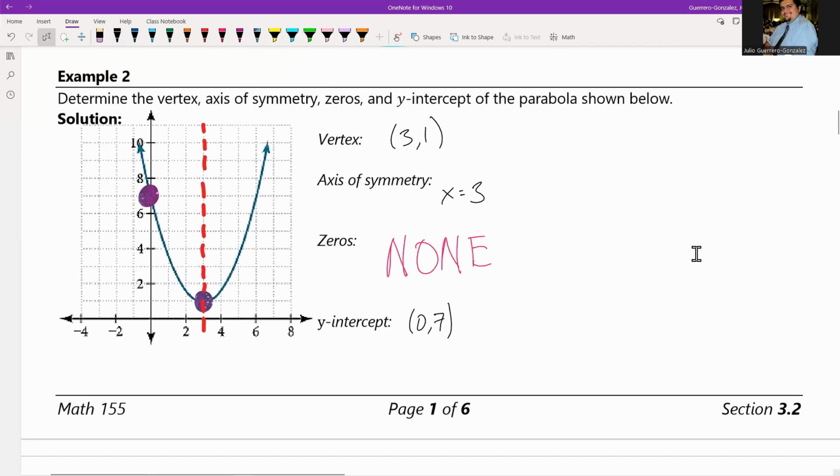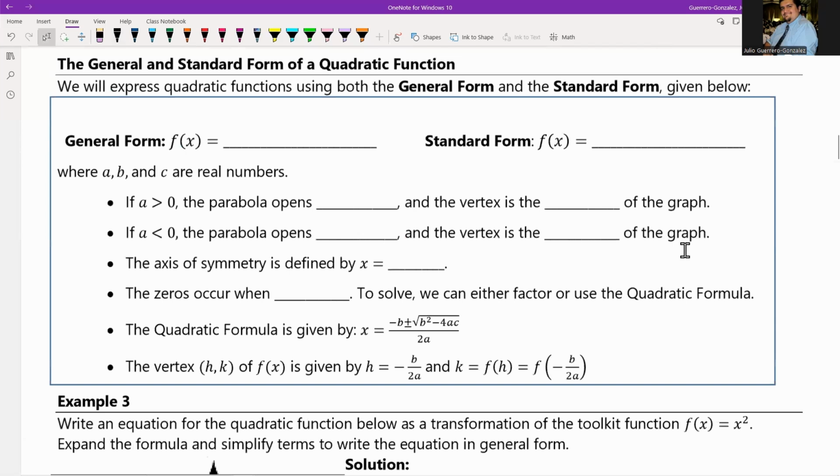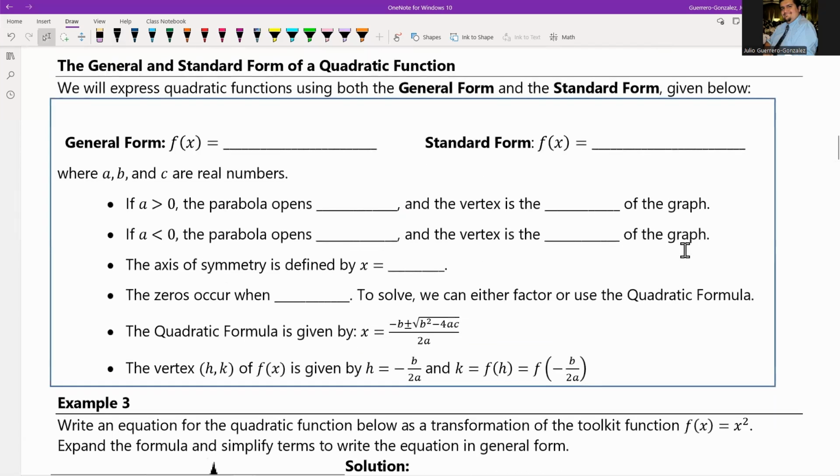I want to put up a little bit more information about the quadratic function in particular. In general, there are going to be two forms that you're going to see. ax squared plus bx plus c is going to be your general form, and the standard form is going to be something that looks like this: a(x minus h) squared plus k.